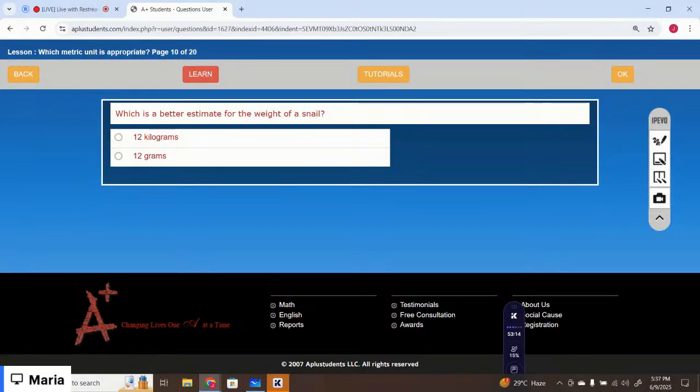Which is a better estimate for the weight of a snail? That is 12 grams. Option number two is the correct option.